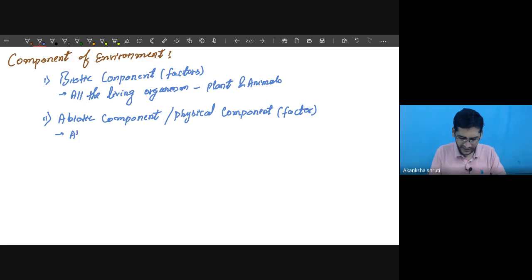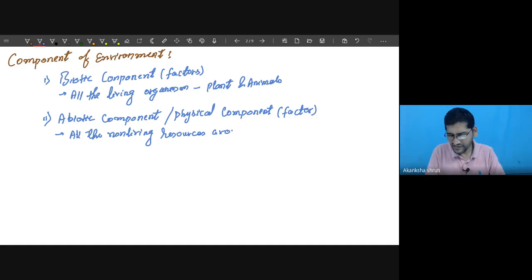Means all the non-living resources around us, for an organism. Resources are what? The things that are useful to an organism are called a resource.